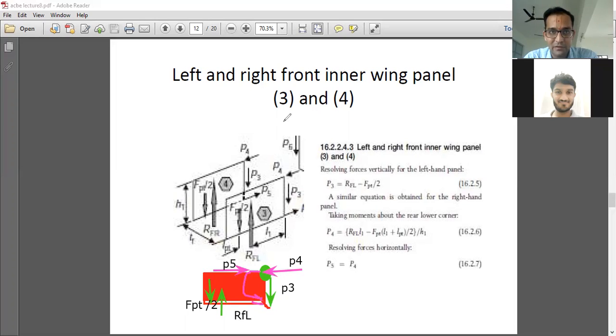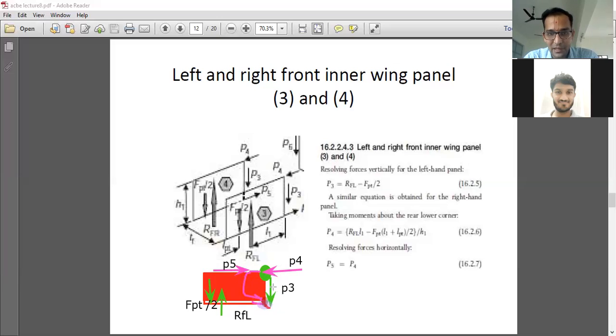This is the region where we are taking our moment. So P4 multiplied by H1 is the counterclockwise moment. P5 multiplied by, we are aware that P4 is equal to P5, so we'll count it one time.